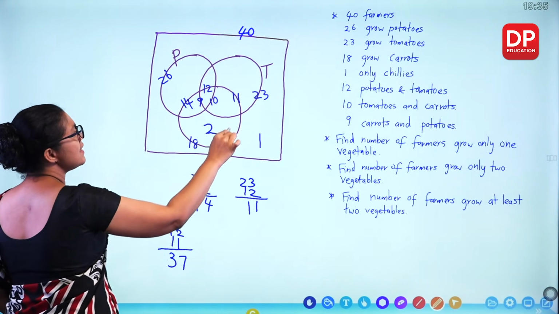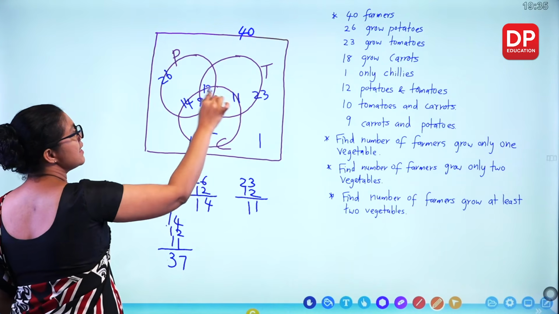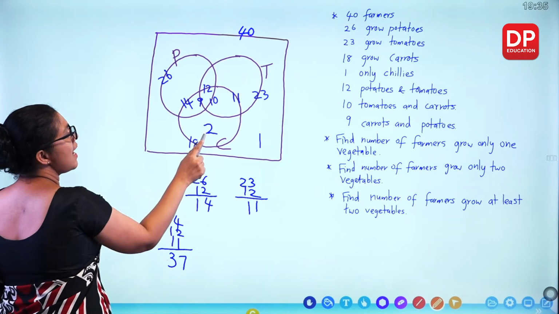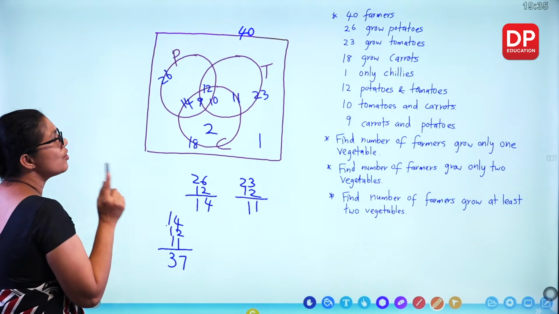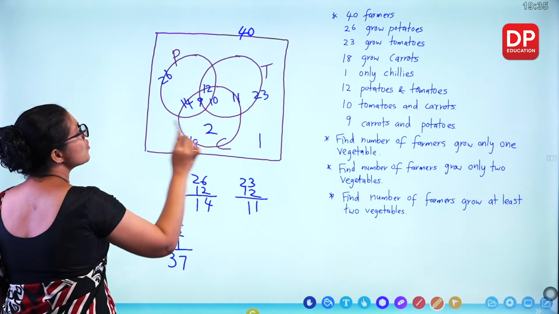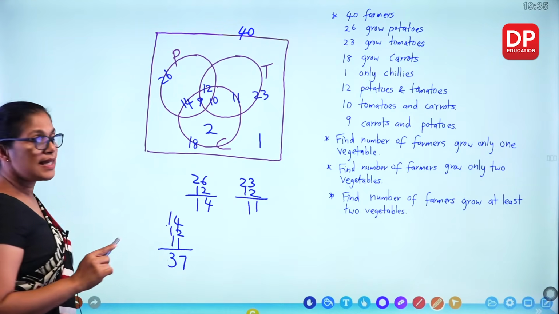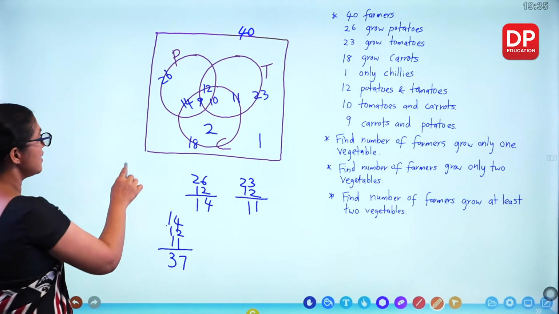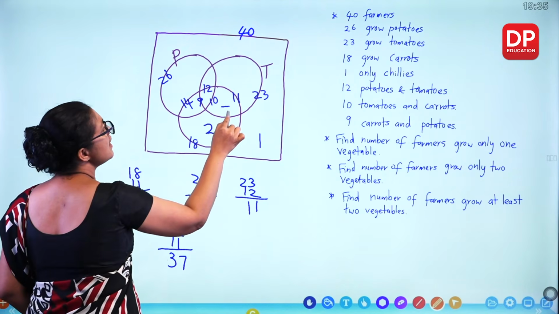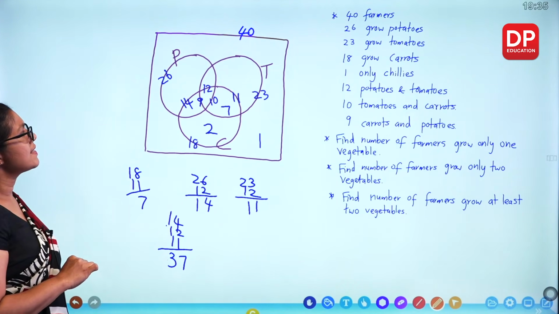This whole circle is 18. This part is 9. 18 minus 9 is 9. And this 2, you are getting 2. So 9 plus 2, 11. 18 minus 11, you are getting 7. So that should be here. So this number is 7.